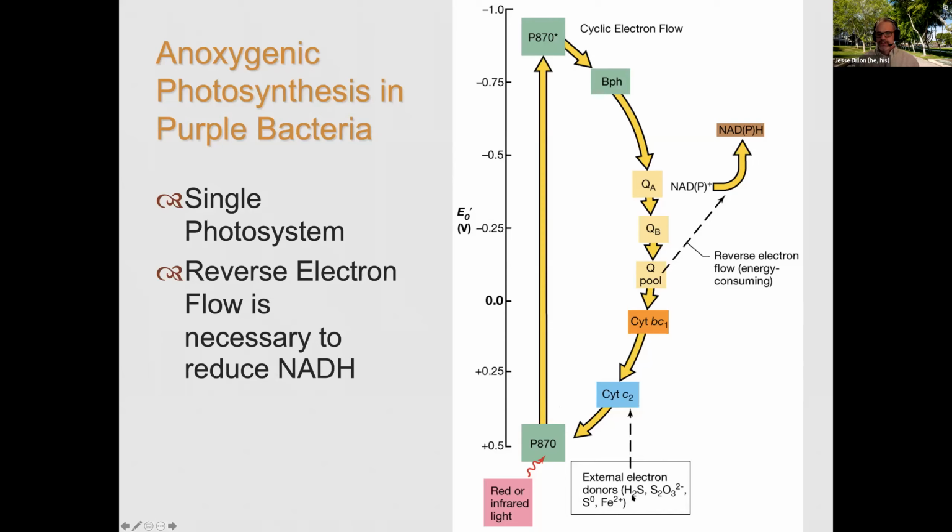Okay, so we've got our sulfide, it donates an electron. That electron gets energized and strongly reduced at the reaction center, which is where the light photon hits. And then that electron can be passed from carrier to carrier to carrier.